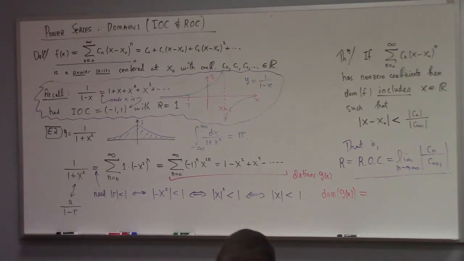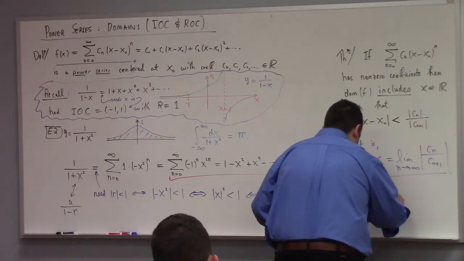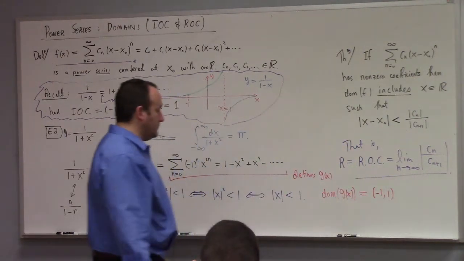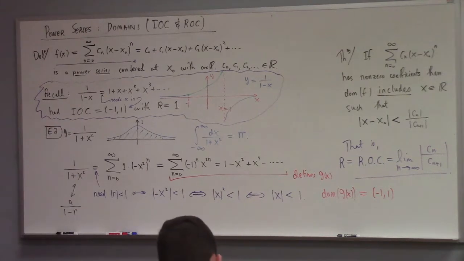It's just minus 1 to 1. Those are the x for which this power series converges. Why? I've given you a why. It's because of the geometric series, right? With this ratio, it's only less than 1 in absolute value if x is between minus 1 and 1.